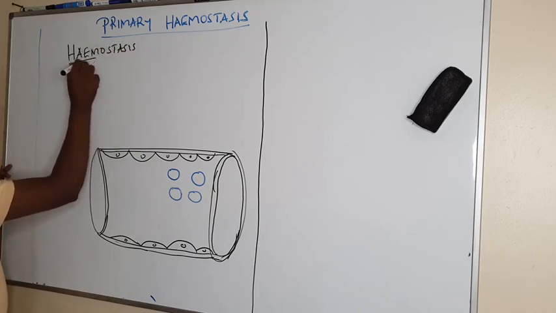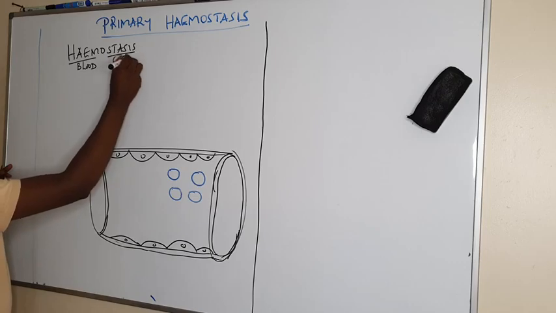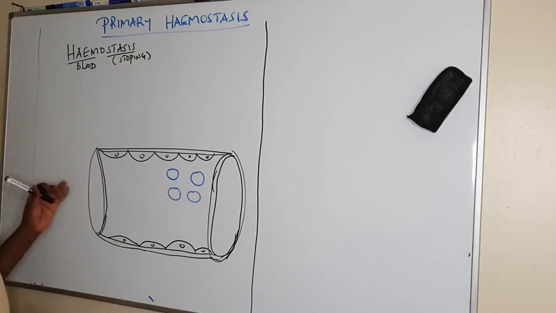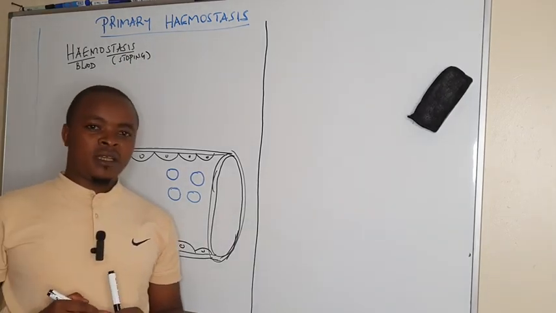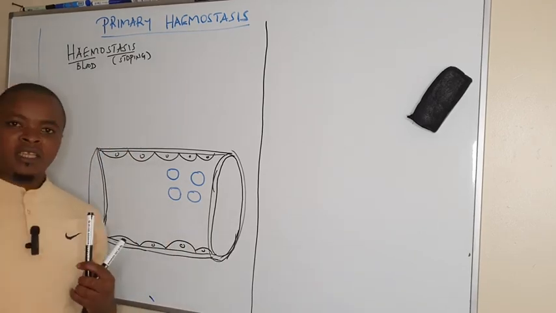Hemo, which means blood, then stasis means stopping. So hemostasis is the stopping of the blood flow after the injury.